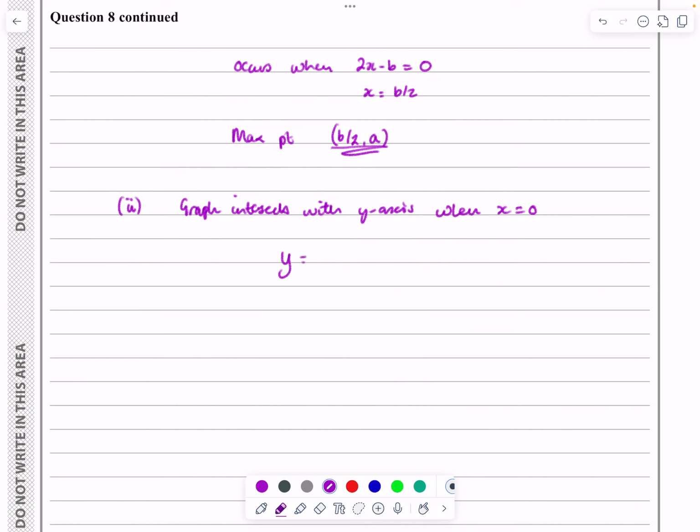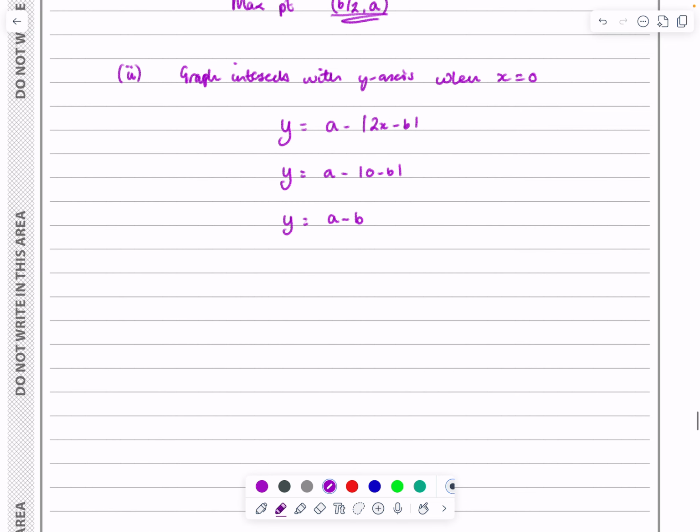So y, remember, was equal to a minus the modulus of 2x minus b there. So when x is equal to 0, we're going to get y equals a minus the modulus of 0 minus b there. So in other words, y is going to be equal to a minus b.